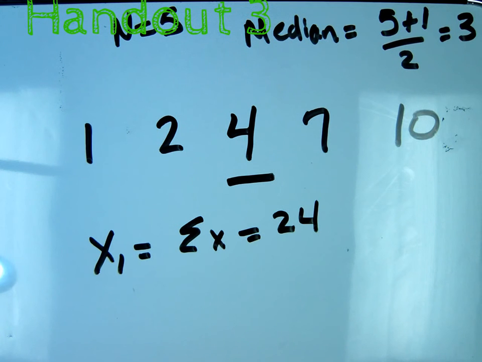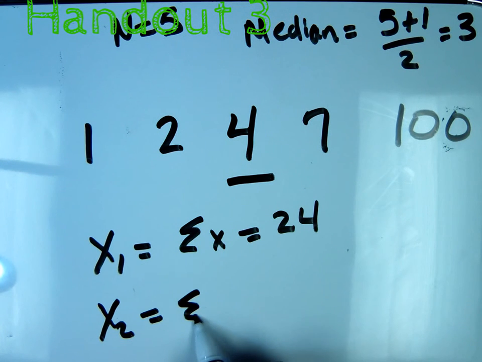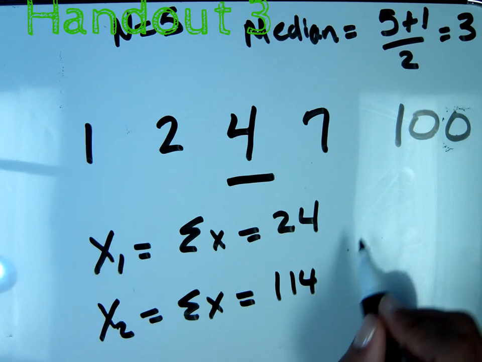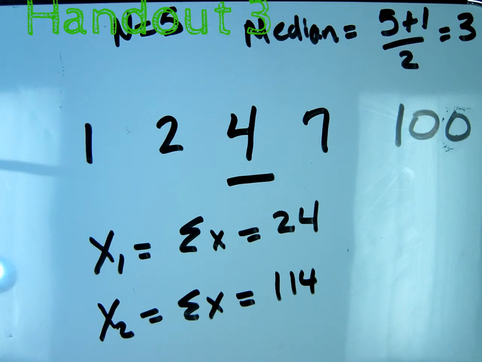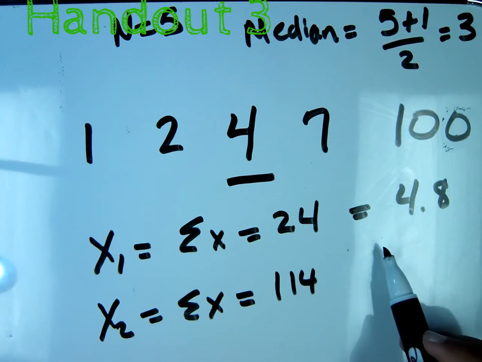And if I do it the other way, with x2 of the 100, my sum of x is just going to be equal to 114. Here, my x bar is going to be 24 divided by 5, 4.8.